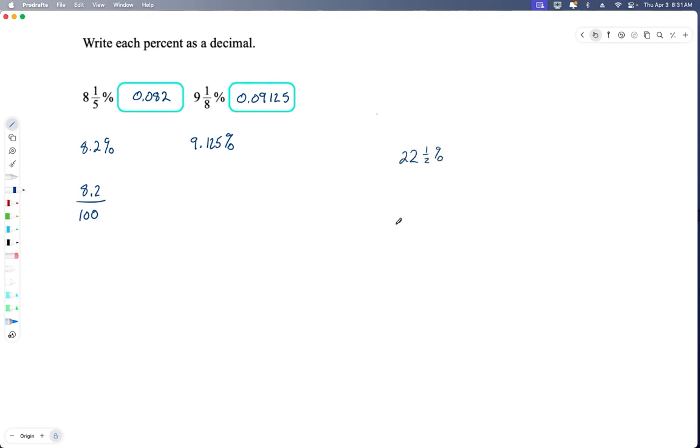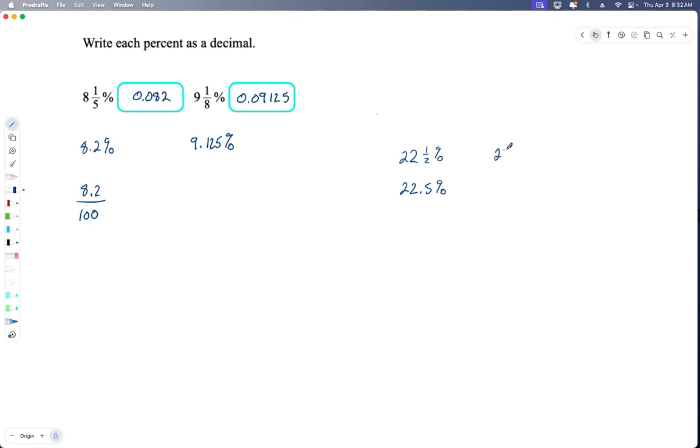22.5%, we want to convert that to a fraction. So the first thing we have to do is go from a percent to a decimal.